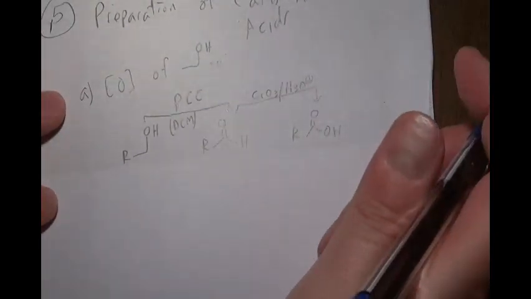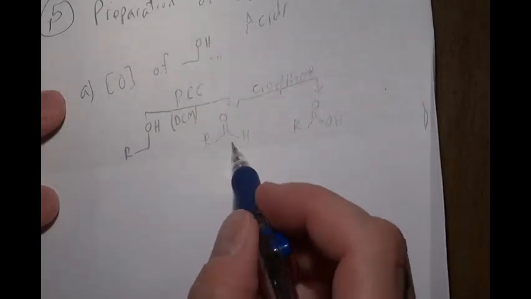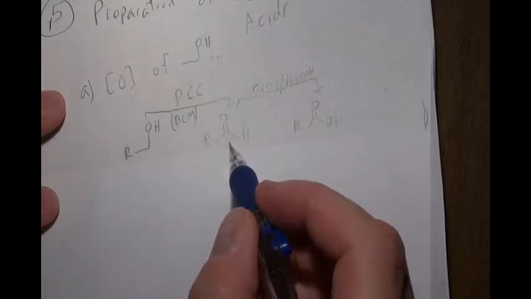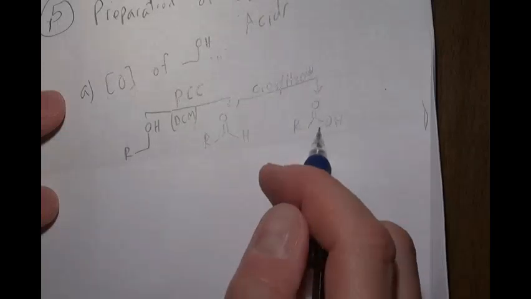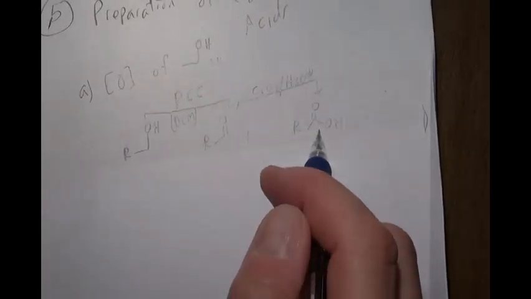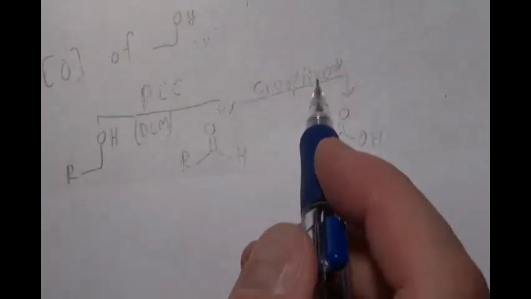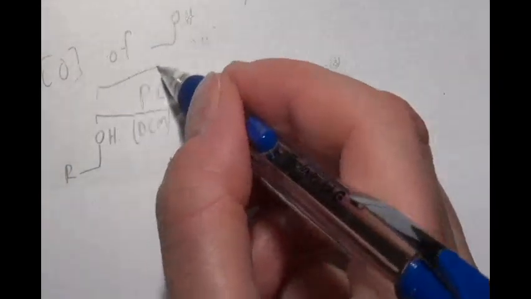CrO3 in acid will turn the aldehyde into a carboxylic acid. So we go from a primary alcohol to an aldehyde with PCC, and then you can go from an aldehyde to a carboxylic acid using CrO3 and H3O+.